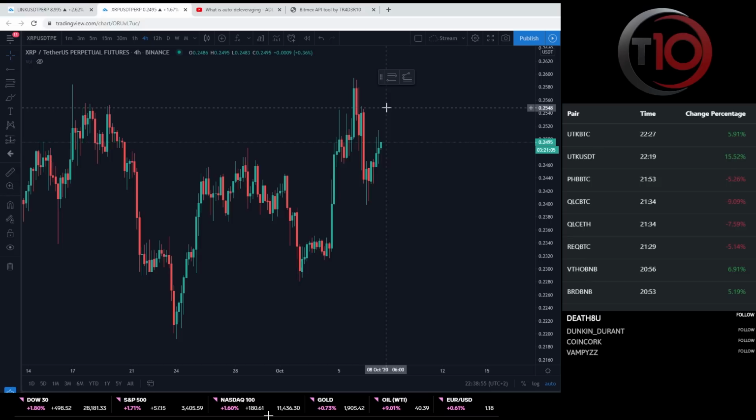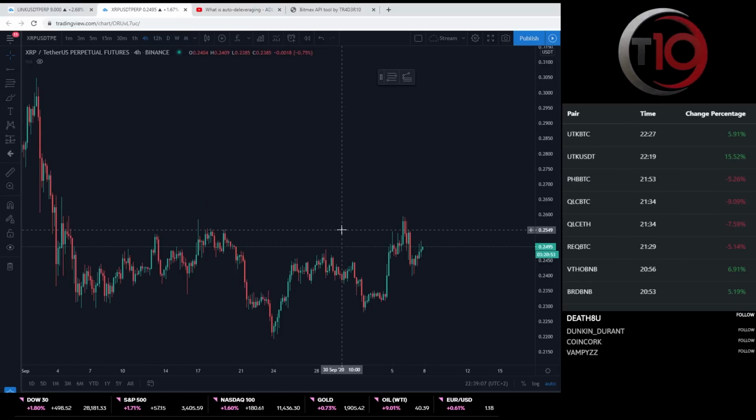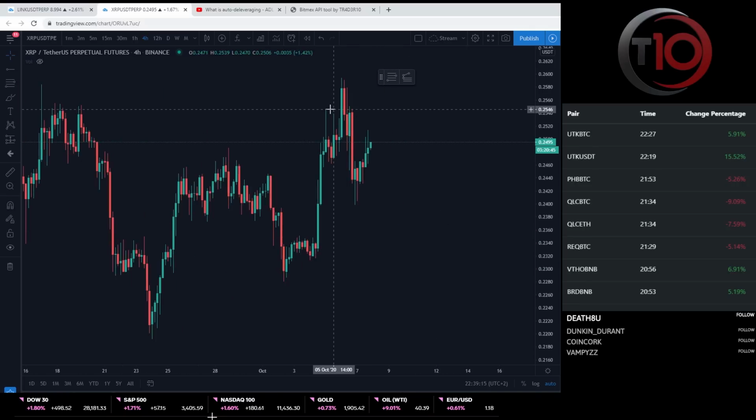So I think we need to reject this area. If not, yeah, if we can get above here again, we are going higher, pretty sure. And this zone is already tested, so we need to reject something lower.